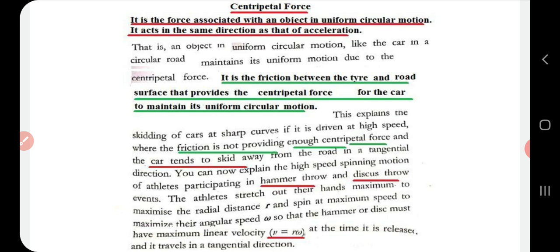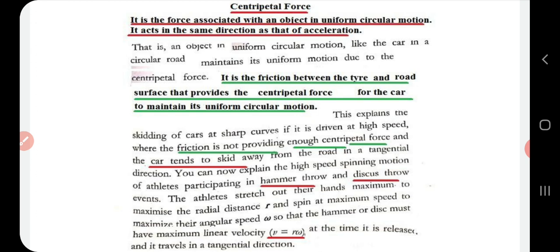Similar is the thing that you might have observed in athletes who participate in discus throw. Before throwing, you might have seen that the athletes stretch their arms to the maximum. Why? In order to increase the radial distance r, and at the same time they spin at a very high speed in order to increase angular speed omega.